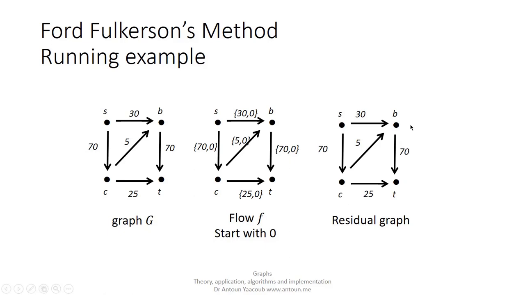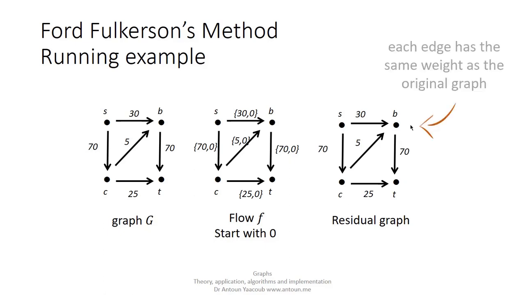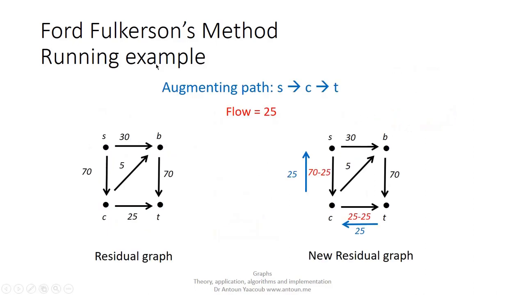So at the beginning, each edge has the same weight as the original graph. There is no need to create a structure for the residual graph, because it's already the graph. So I'm working directly on the graph, and it's the residual graph. The algorithm says that I need to find an augmenting path. We already covered how to find an augmenting path, and we'll be implementing that later in a while.